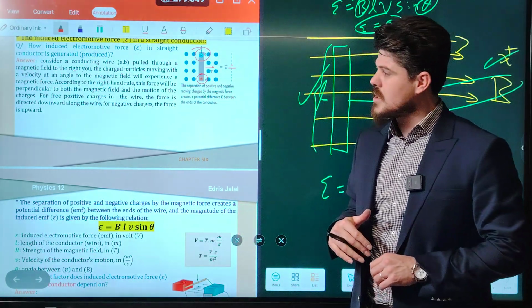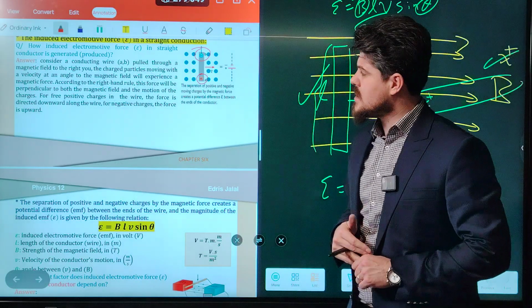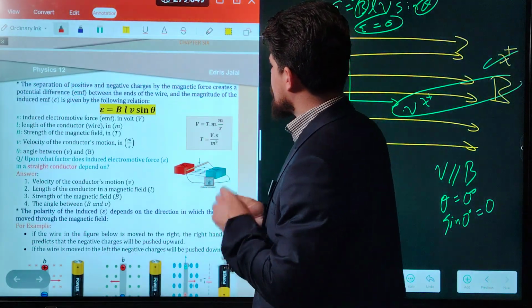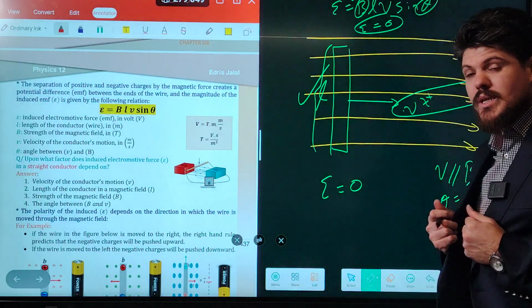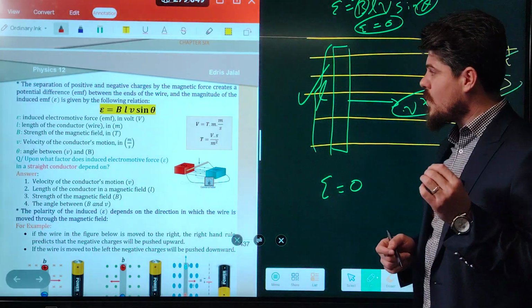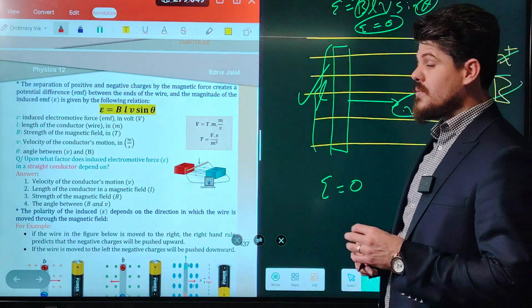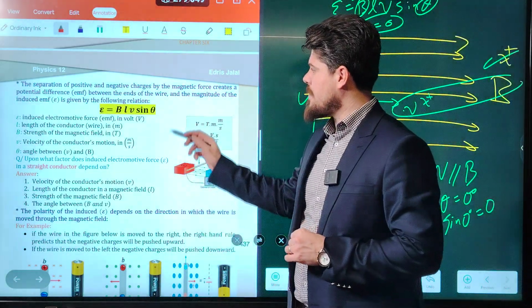For the negative charges, the force is upward. Downward is positive and upward is negative according to the right-hand rule. The separation of the positive and negative charges by magnetic force creates a potential difference between the ends of the wire, and the magnitude of the induced EMF is given by the following relation: EMF is equal to BLV sine theta.